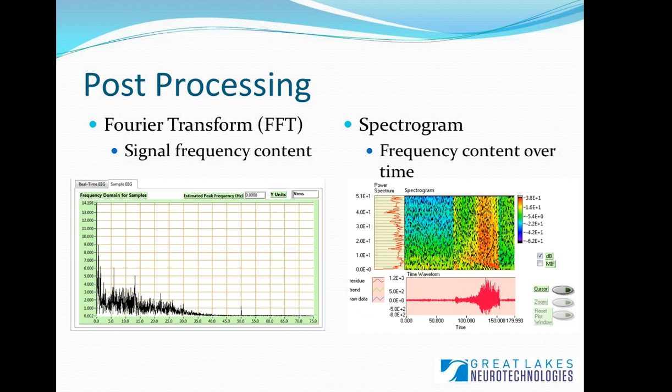Other post-processing techniques that are oftentimes used include the fast Fourier transform, which plots the magnitude of the frequency content of your signal. On the x-axis is frequency in the plot on the left, and the y-axis is the magnitude at that frequency.